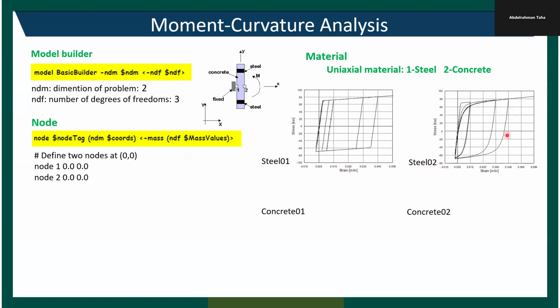Steel02 is a little more advanced and complex than Steel01. Then we don't have a bilinear curve. Instead of having this sharp transition between the first part and the second part of the response, Steel02 will have this nice smooth transition between the two phases.